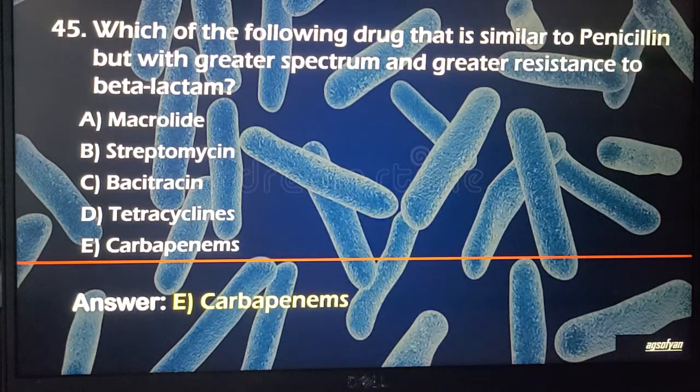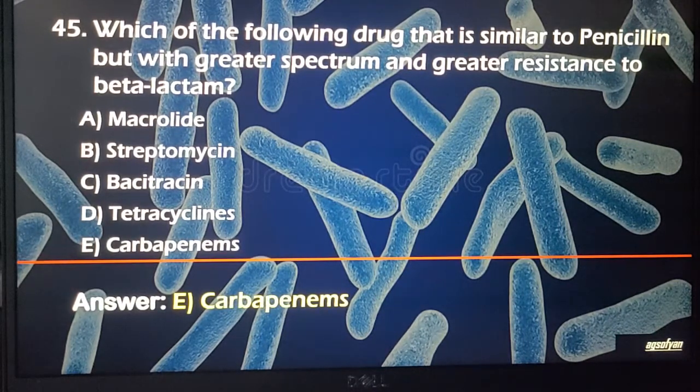Yes, the answer is E. Carbapenems. So they are almost similar with penicillin, destruction of cell wall, but it has greater spectrum. It can be also used for gram-negative bacteria.